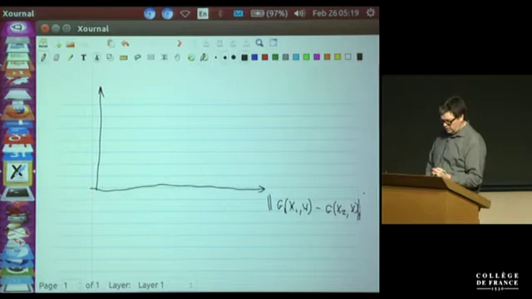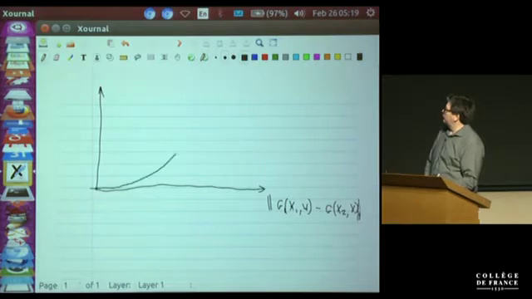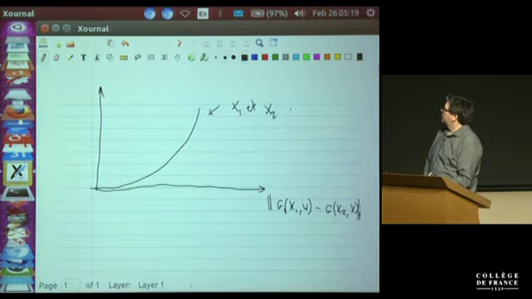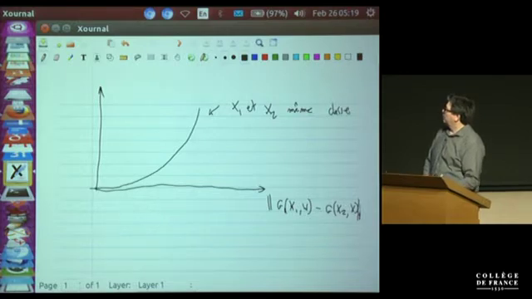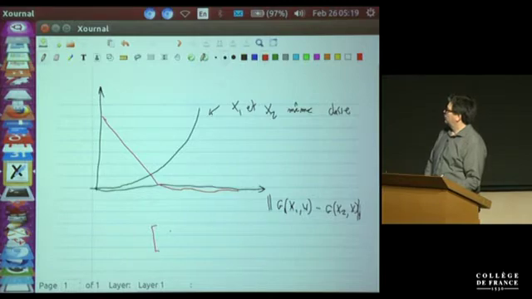I put the distance itself and not the squared distance. So with the Euclidean distance, you can have a quadratic cost to bring these two things together when x1 and x2 are in the same class. Another cost function applies where they're not in the same class. Something like this.